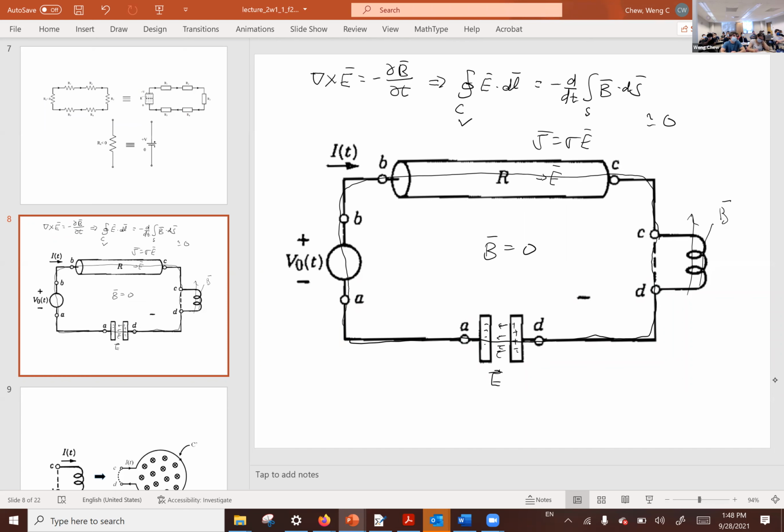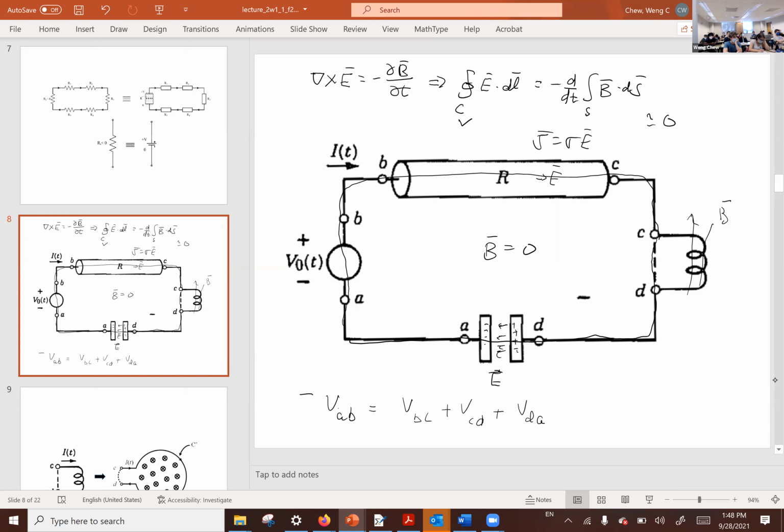So you can actually do this quite easily. You can show that the voltage drop VAB must be equal to VBC plus VCB plus VBA. I should say maybe you can put a minus sign.